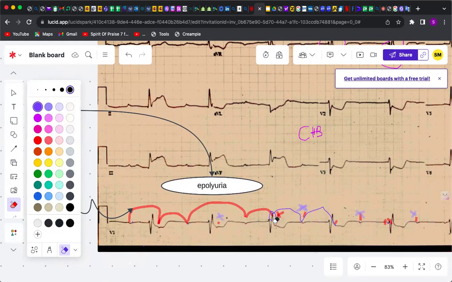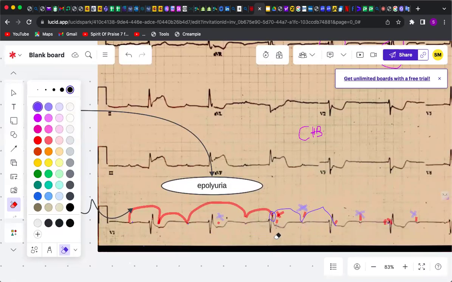Okay, here you see that the P waves could be normal, upright or uniform, and they may be superimposed either on a QRS like I showed here, or on the T wave. Okay, sometimes, like in this case, we are only having ST depression, and even that there's a buried T wave in there.